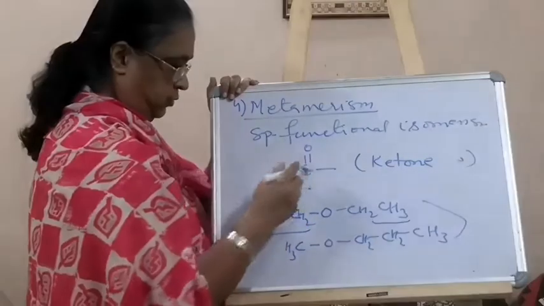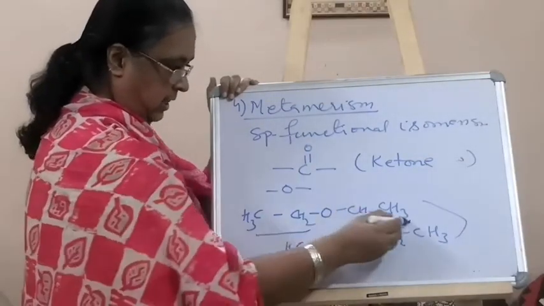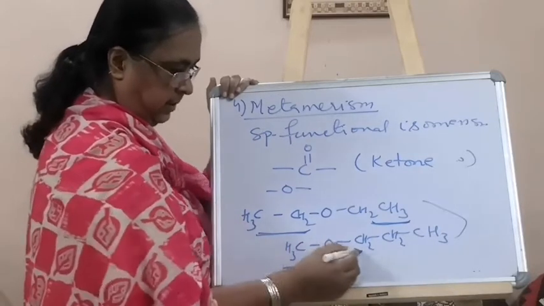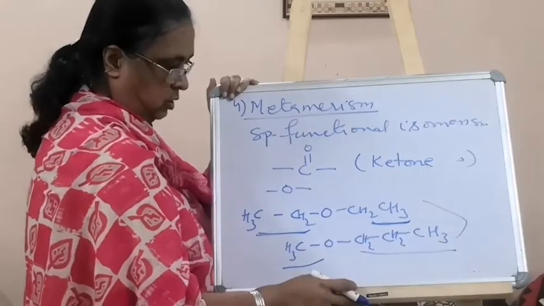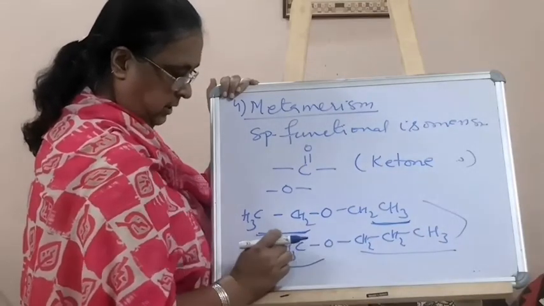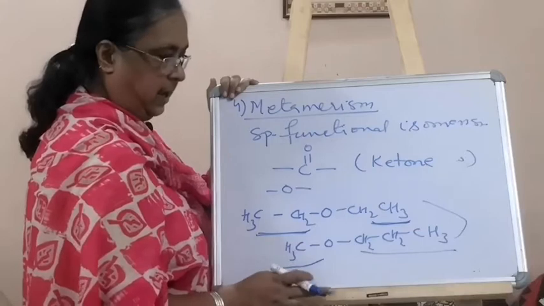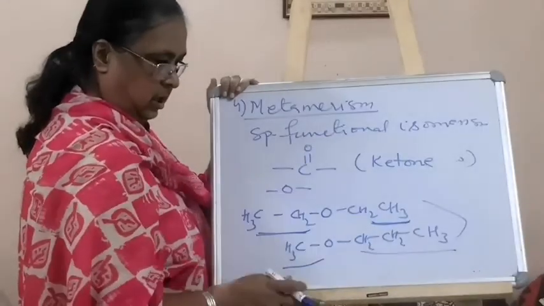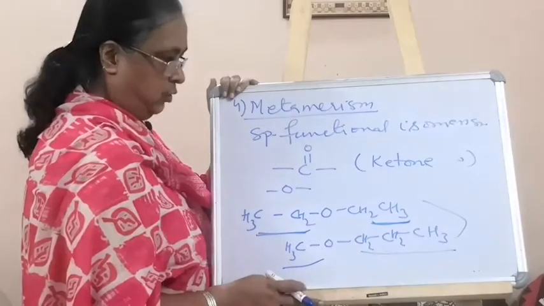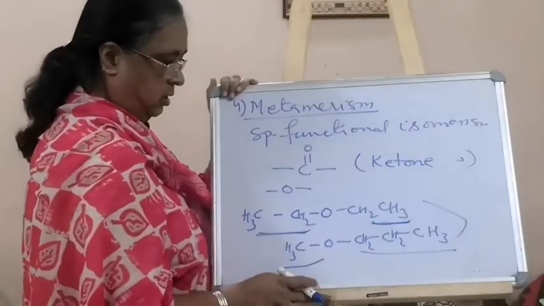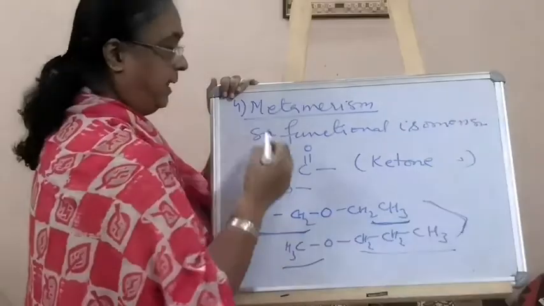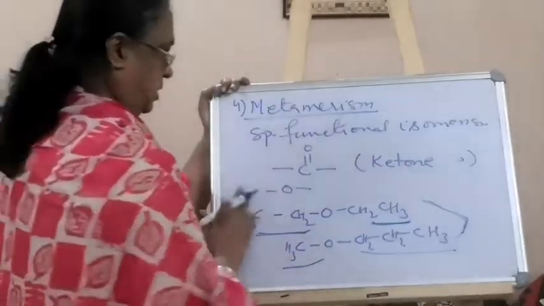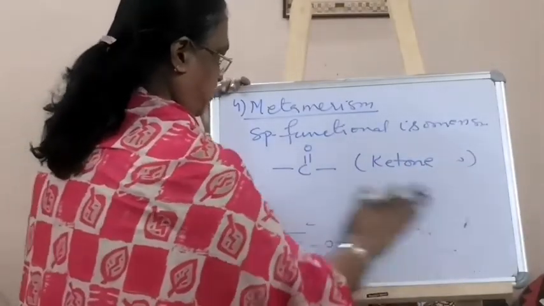Here ethyl, here also ethyl. In this case, this side methyl, but this side propyl. So when the alkyl groups on either side of the functional group are not the same, such isomers are called metamers and the isomerism is called metamerism. So these two are metamers.